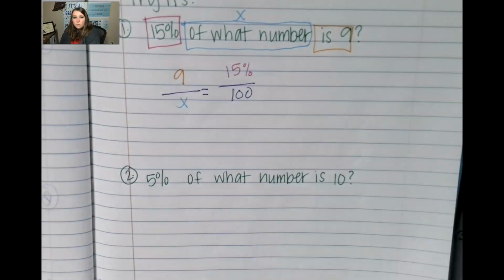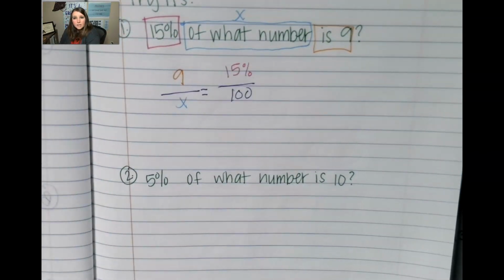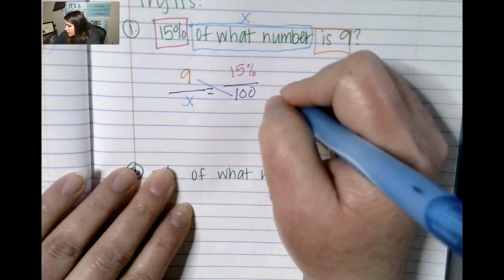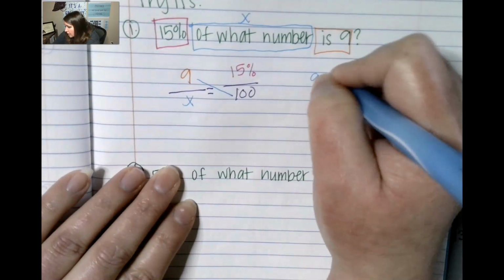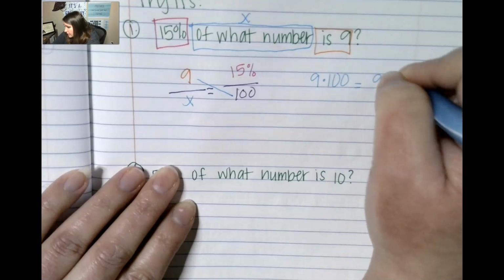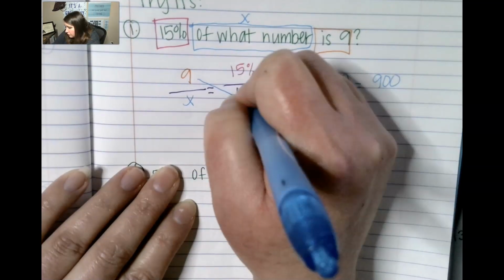All right, so we're going to solve. Again, we're going to multiply the two things that are across from each other. So 9 and 100 are across from each other. So 9 times 100 gives me 900. I'm ready to go fishing.